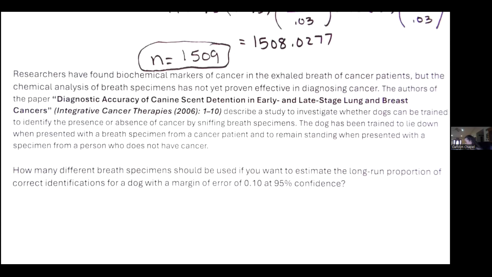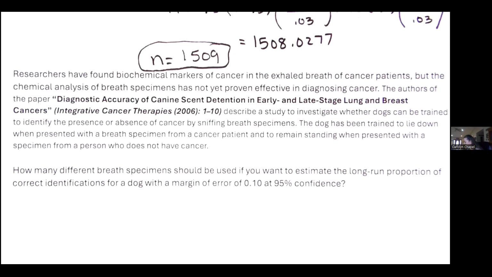Anyway, what we're going to do is find out how many different breath specimens should be used if we want to estimate the long run proportion of correct identifying for a dog with a margin of error of 0.1 and a confidence level of 95%.